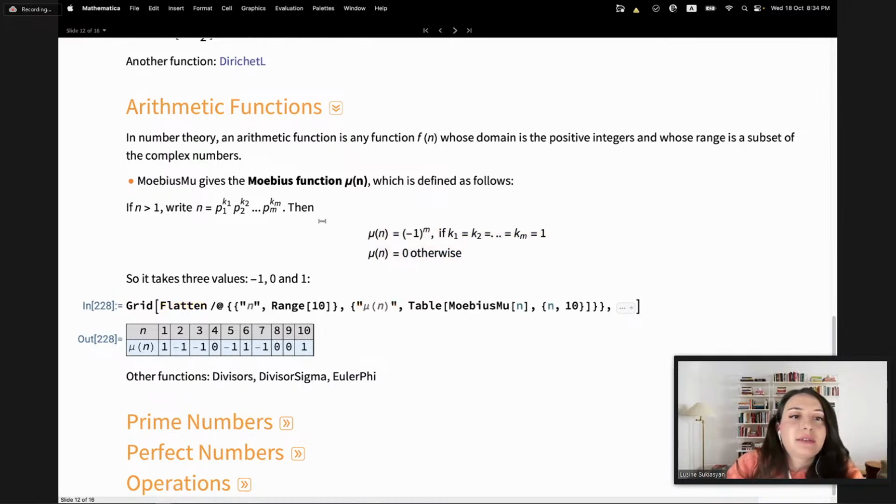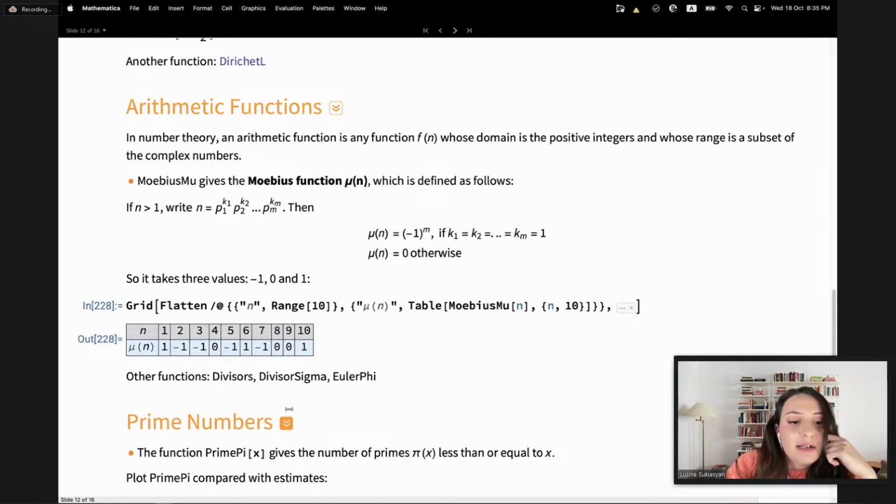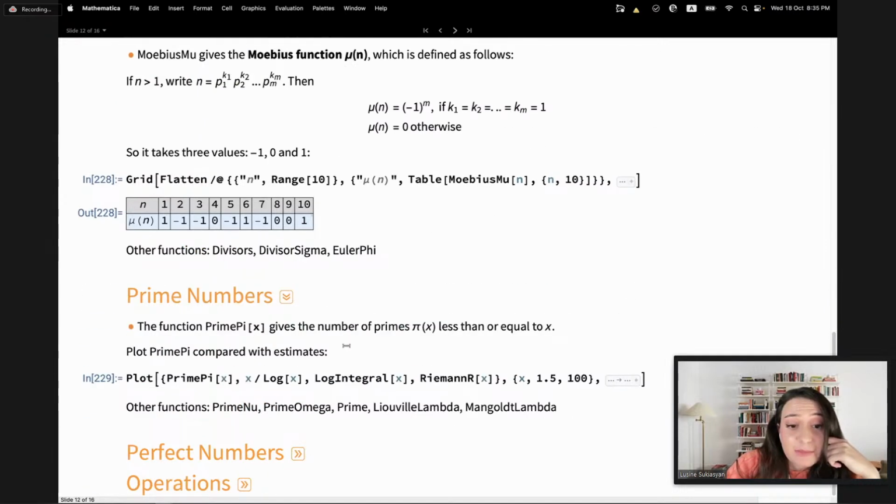The other arithmetic functions are divisors, for example, we talked about it, divisor sigma, Euler phi, prime numbers. Okay, as I said, prime pi, we talked a bit about prime pi, but this is really what's interesting about it.